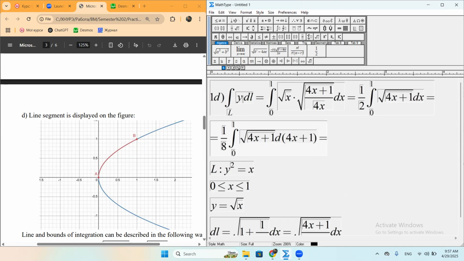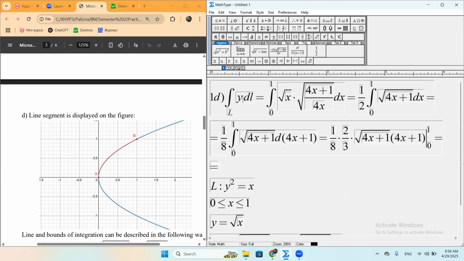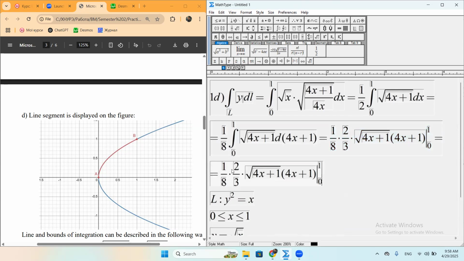Now we have 1 over 8 multiplied by 2 over 3 and multiplied by this expression, with substitutions from 0 to 1. And here I actually have 1 over 12.